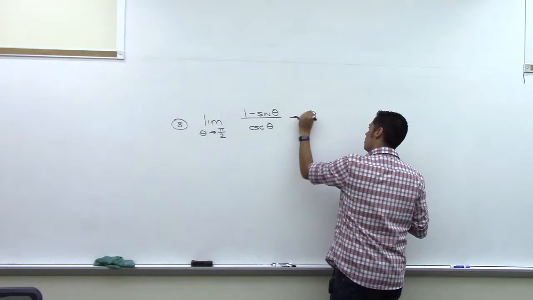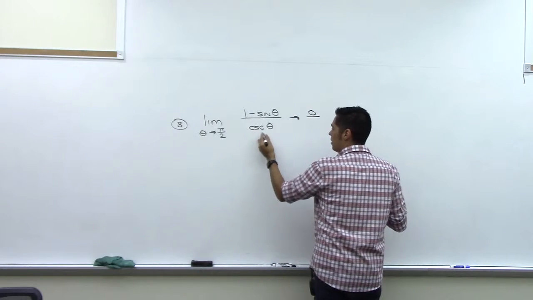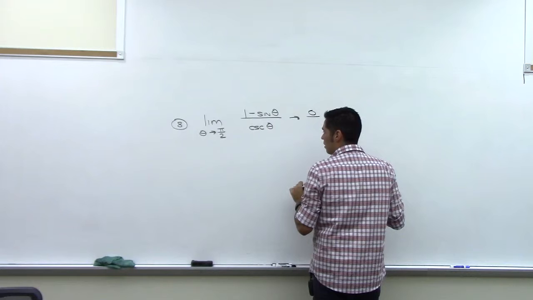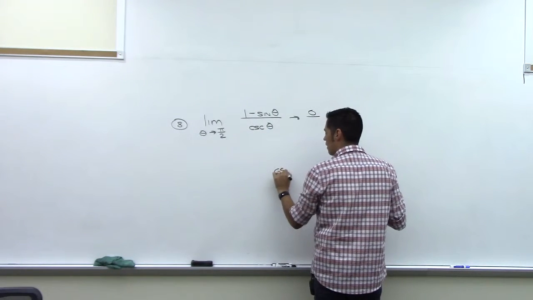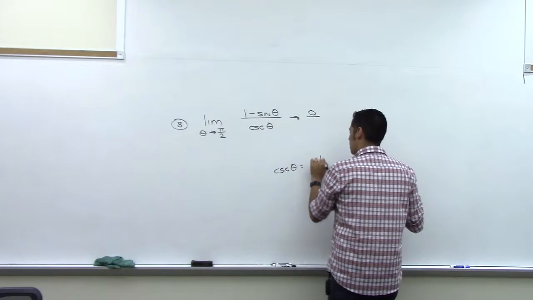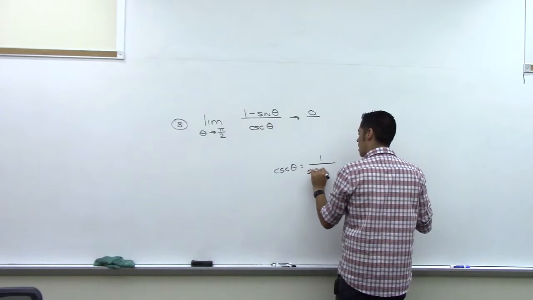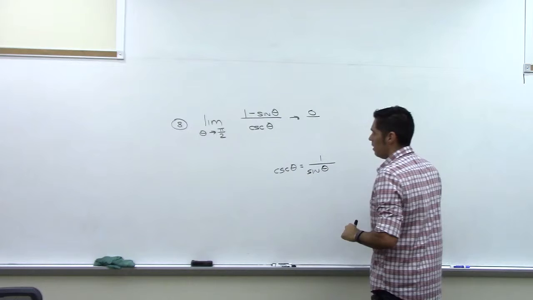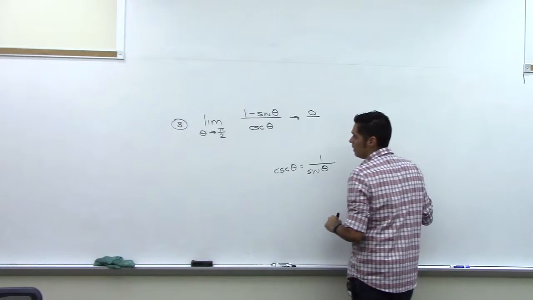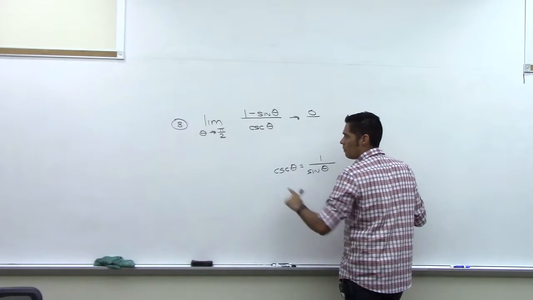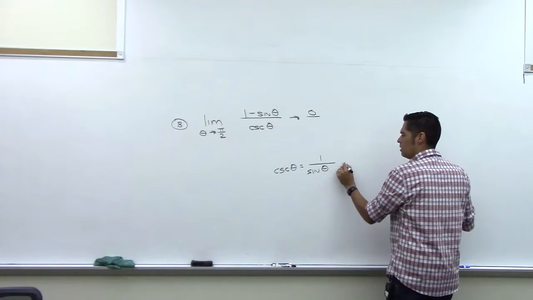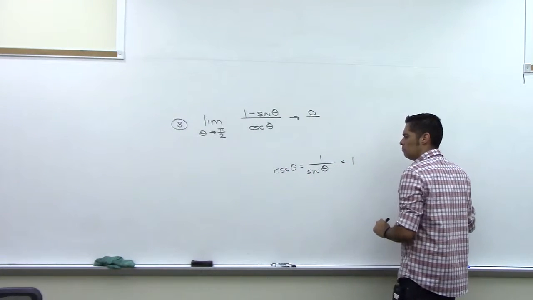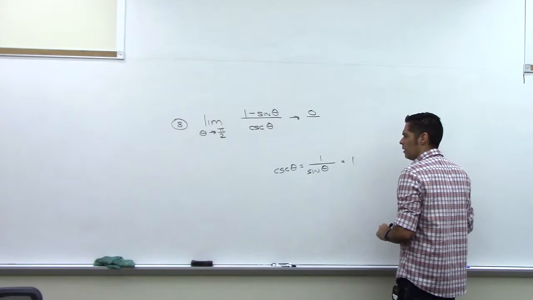So this is headed towards 0 over cosecant of pi over 2. So let me see what happens here. Cosecant theta is really 1 over sine theta. And if I plug in pi over 2, sine of pi over 2 is 1. So we should get 1 over 1.